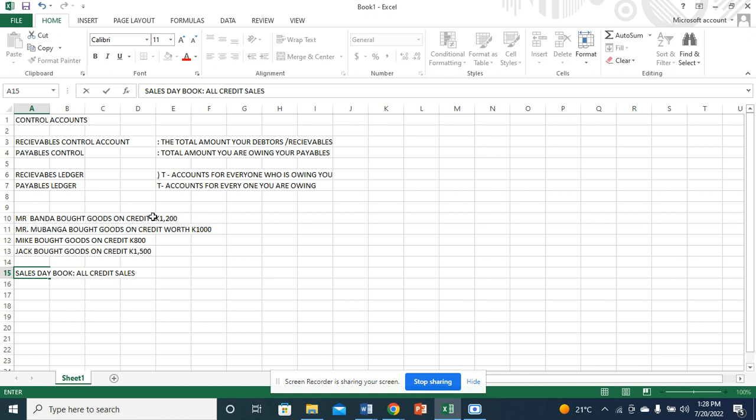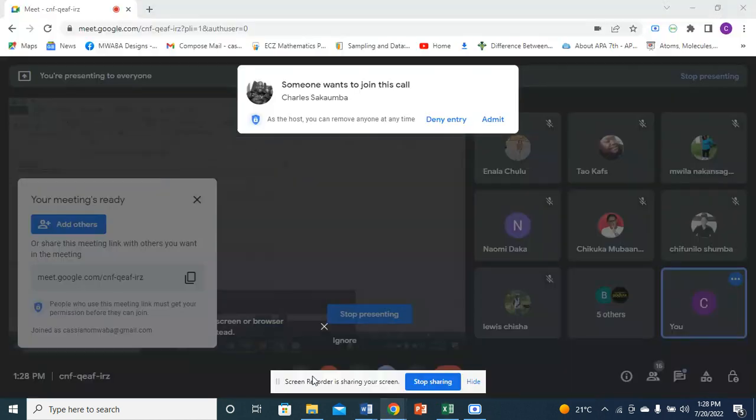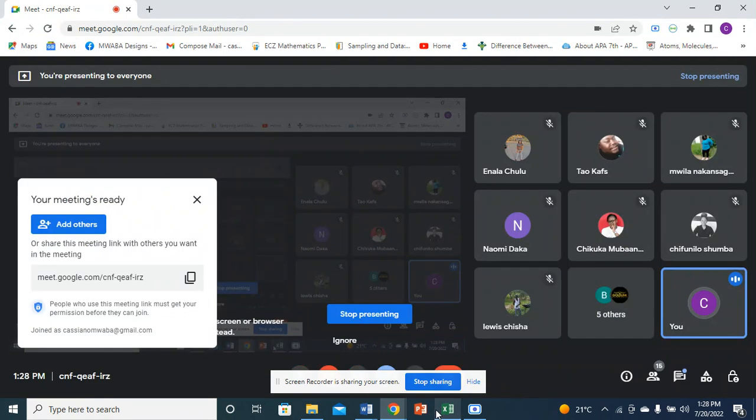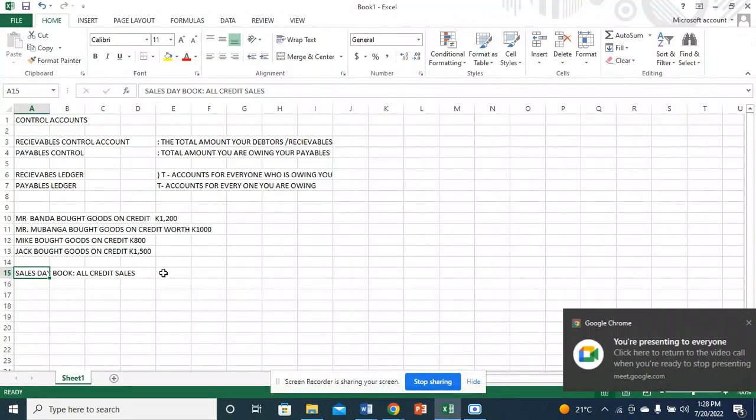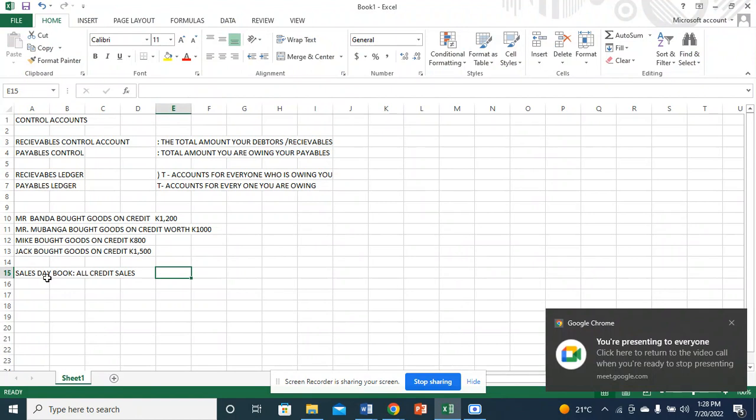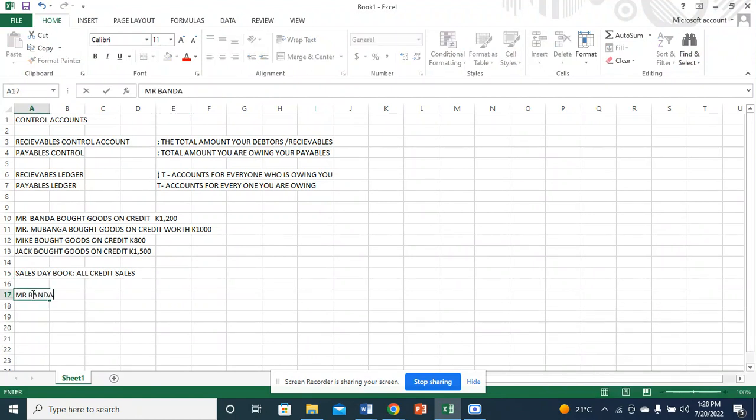So whenever someone buys on credit, in our sales day book we record each entry, and we open a T account for each person. So in our sales day book, you put Mr. Banda, Mubanga, Mike, and Jack.